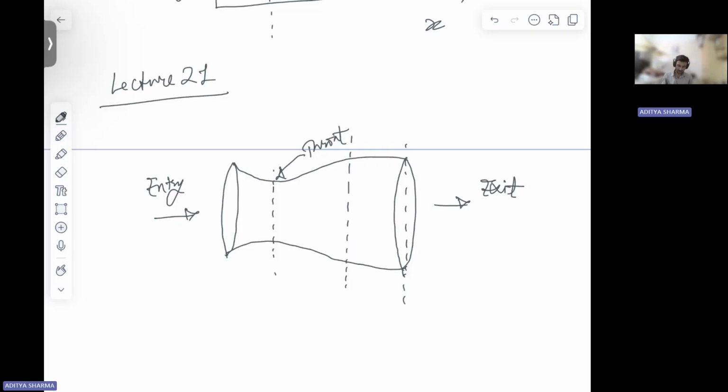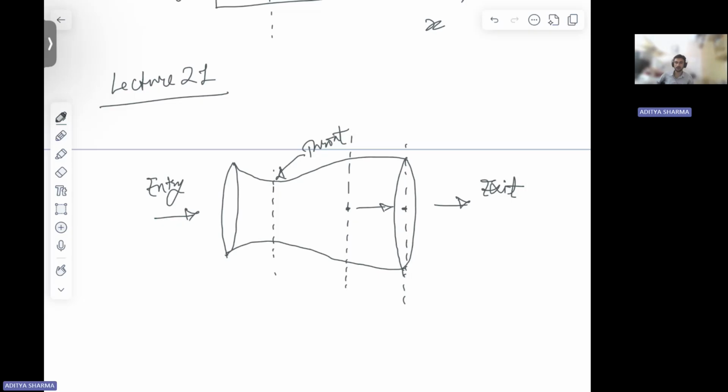Let's say at some point this flow reaches here. Now at this point your flow is going to have some static pressure, right? Same way when the flow advances and reaches here, it is going to have some static pressure. So this static pressure has been called the exit pressure, PE, with the subscript E.